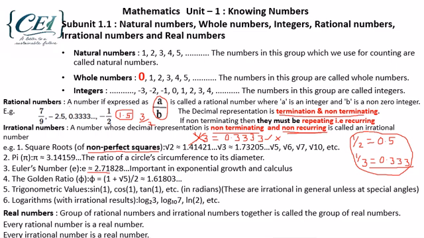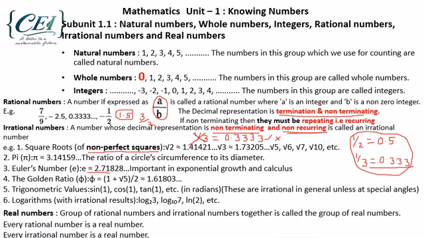So we have learned natural numbers, whole numbers, and integers. Natural numbers, whole numbers and integers can be expressed in a rational form, that is a upon b, correct? And there are irrational numbers like square roots of non-perfect squares, pi and other things.